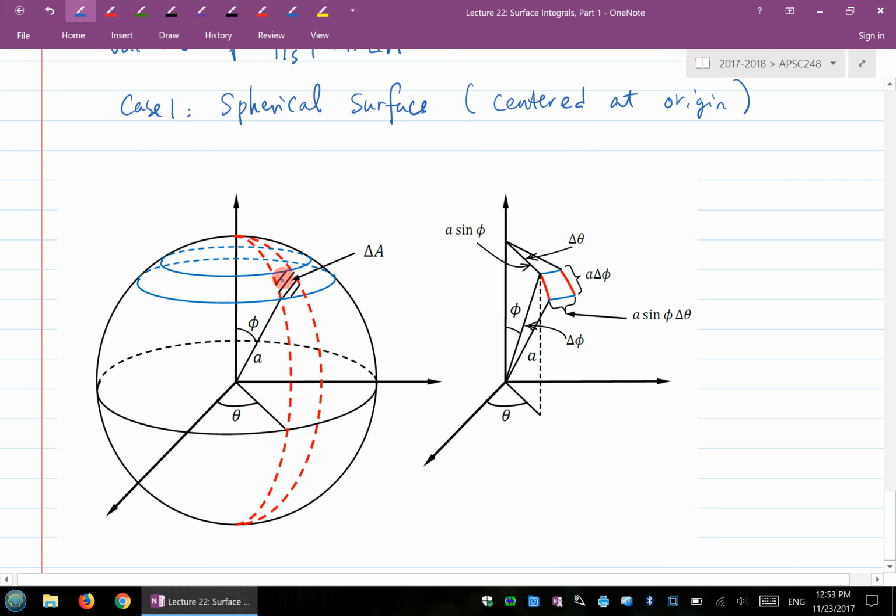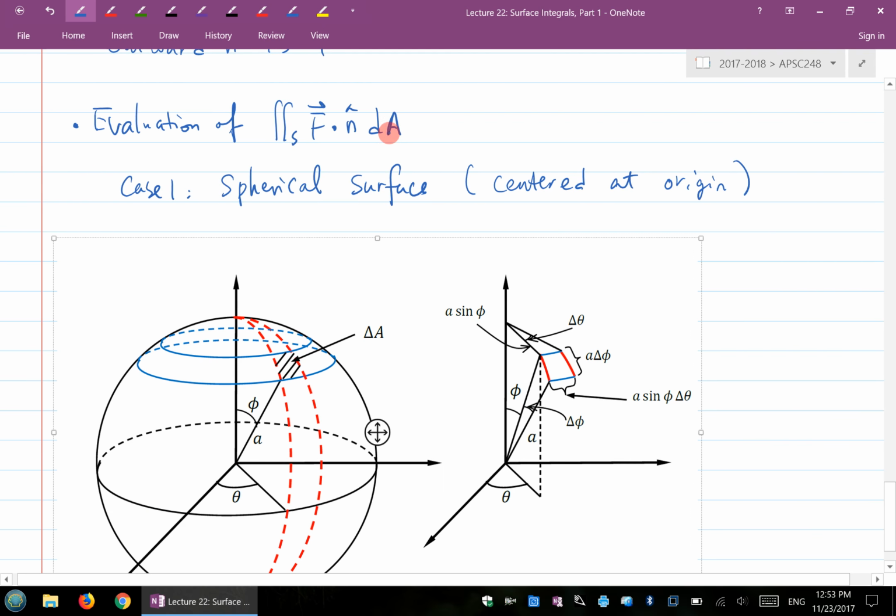In order to scan through this, we can pick a small area first, and then use this one little area to scan through the rest of the area.